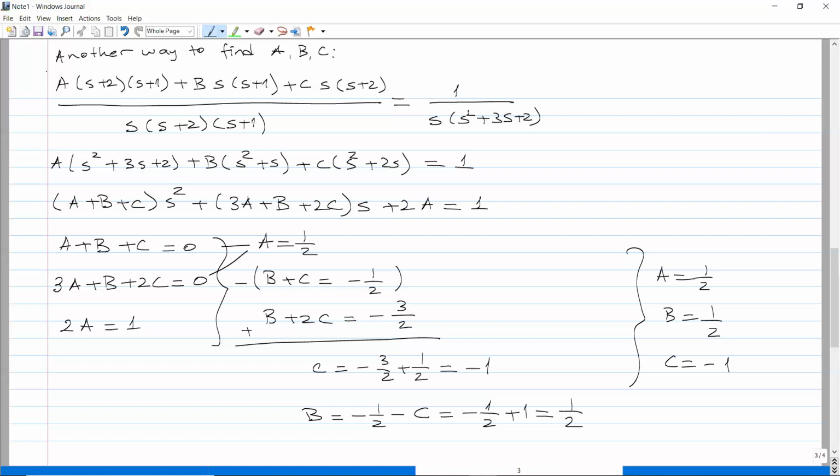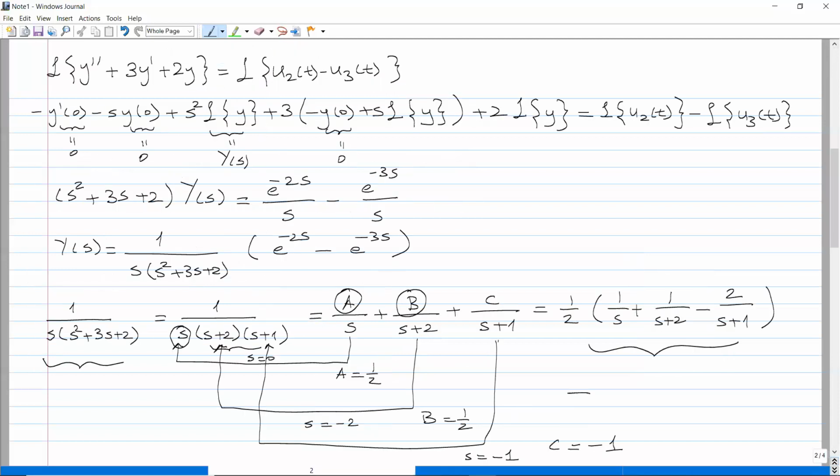So you can use either way. This is maybe the most certain way, and it works for any kind, because the other way only works when we have only linear factors.